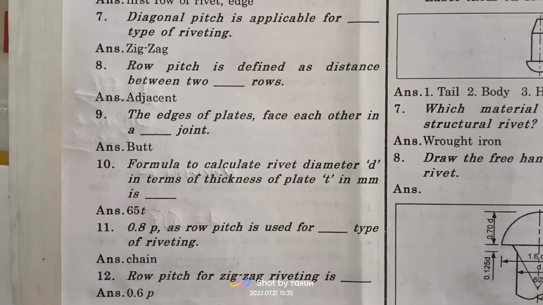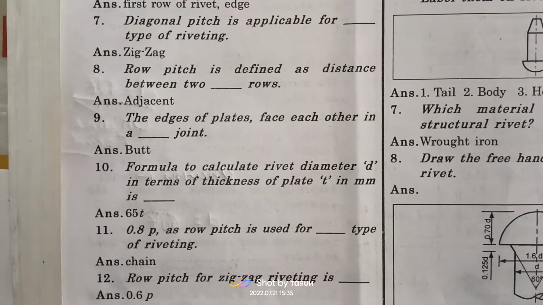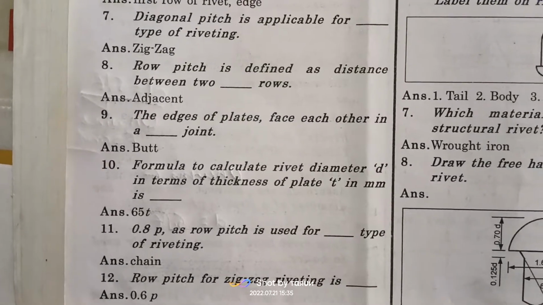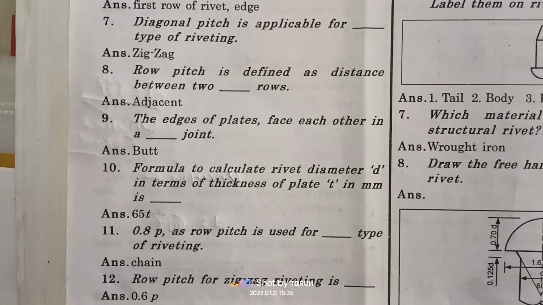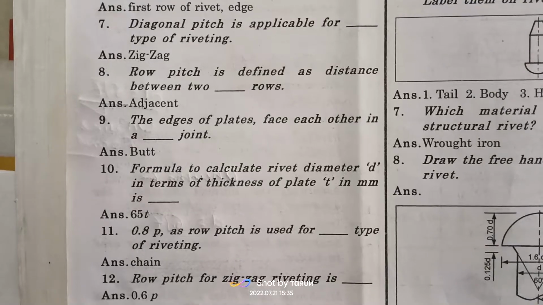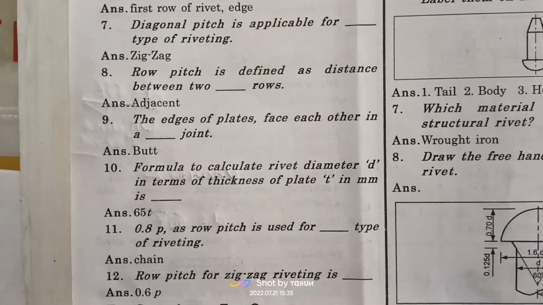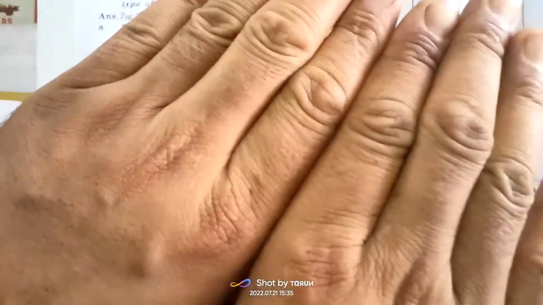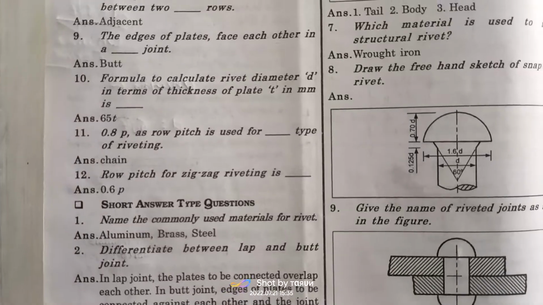Row pitch is defined as the distance between two adjacent rows. Pitch is equal to 3d. Question 9. The edges of the plate face each other in a butt joint. It is butt joint.